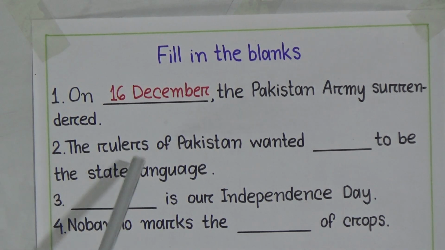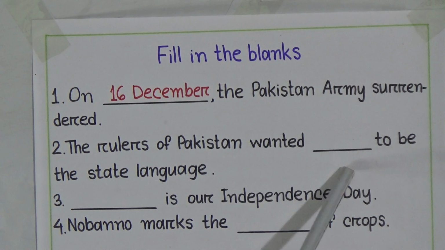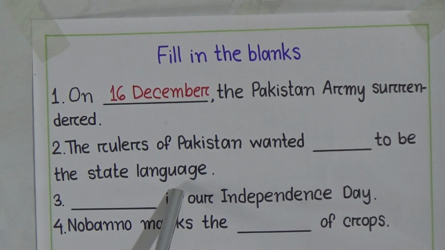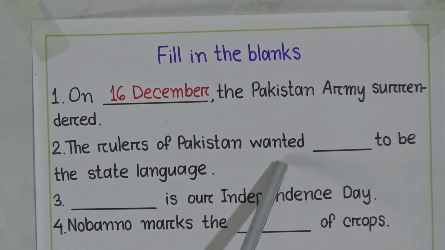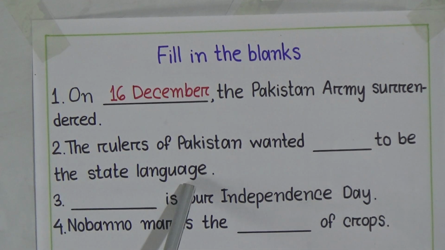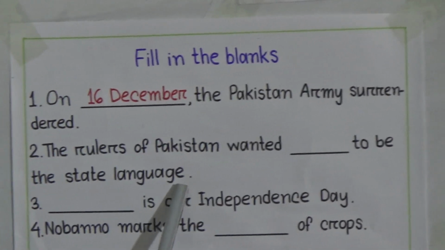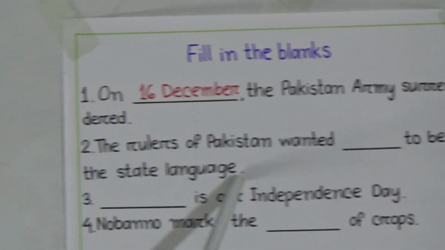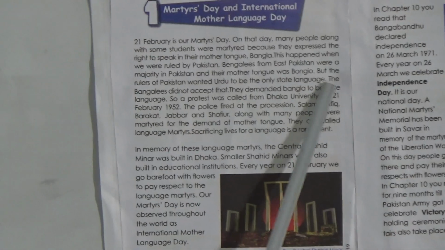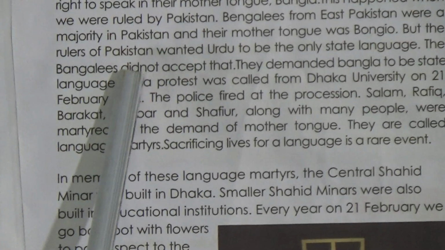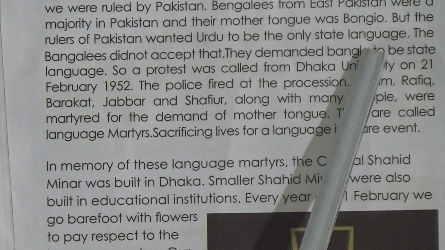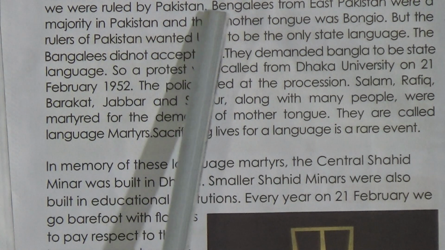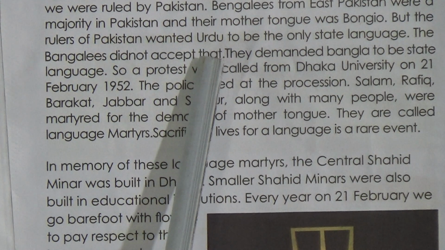Number 2, the rulers of Pakistan wanted dash to be the state language. Can you guess what will be the answer? Okay, come to lesson 1. In this line, the rulers of Pakistan wanted Urdu to be the only state language. So, in the gap, you have to write the word Urdu.